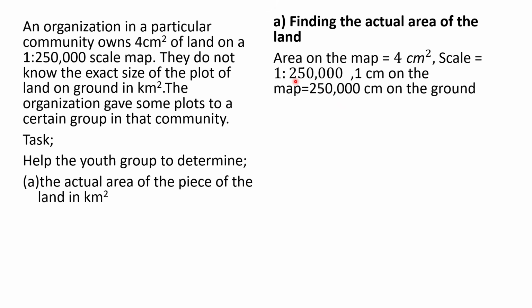So this is like 1 centimeter to 250,000 centimeters. So when I cancel centimeters, I remain with this scale. So what does this mean? It means that 1 centimeter on a map represents 250,000 centimeters on the actual ground.